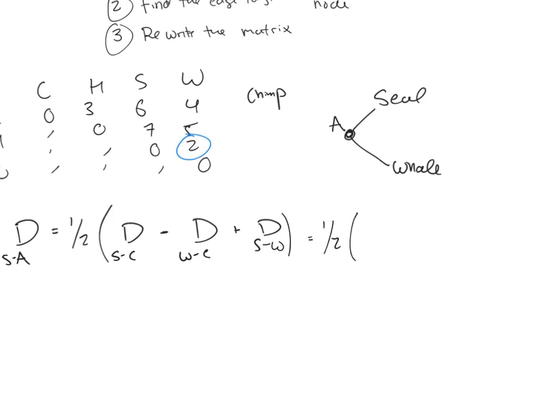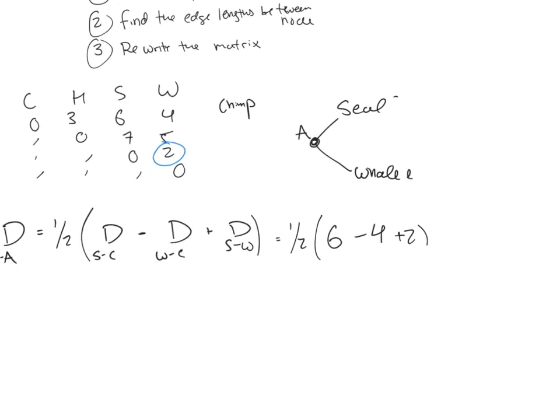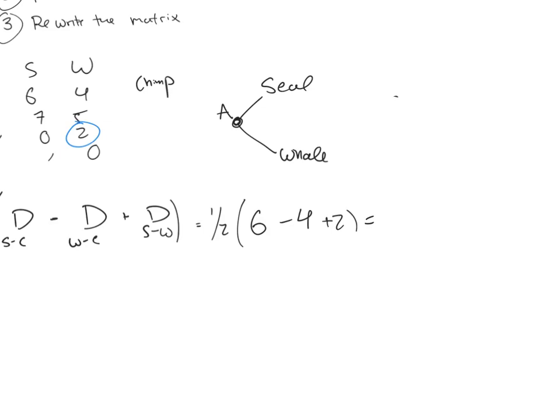Let's see, the distance between seal and chimp, S and C, is 6. And then the distance between whale and chimp is 4. And the distance between seal and whale is 2. All right. So that equals 2.